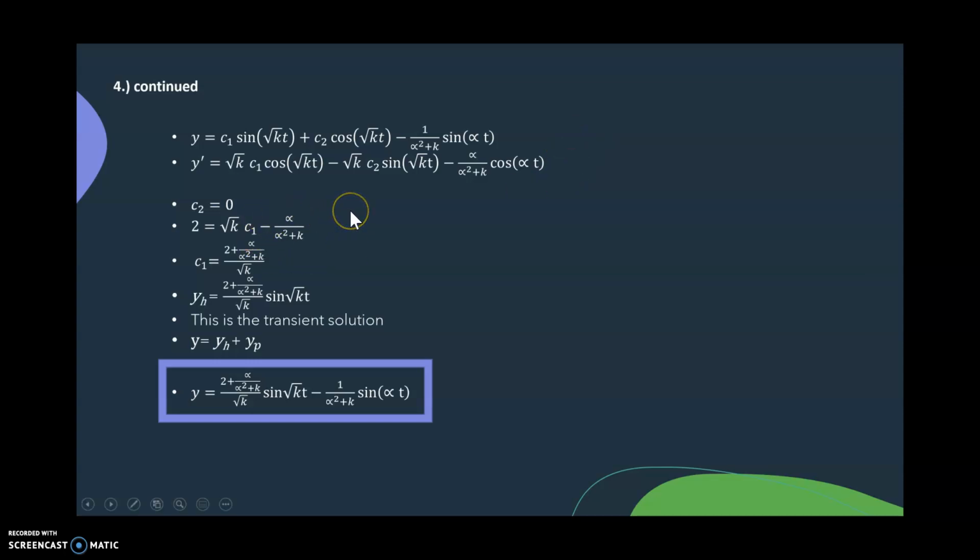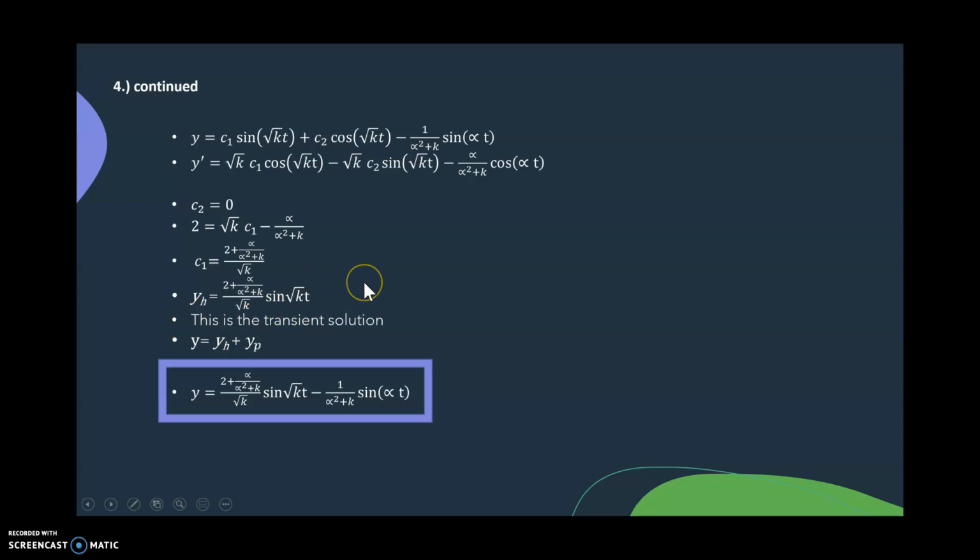We know that c2 will be equal to 0, and now we plug in the known value for the derivative of y, which is 2. So we get 2 equals the square root of k times c1 minus alpha divided by alpha squared plus k. We find the value for c1, which is 2 plus alpha divided by alpha squared plus k, all divided by the square root of k.